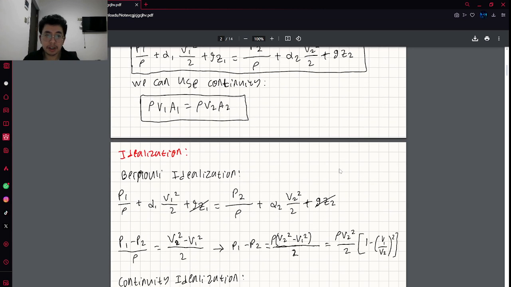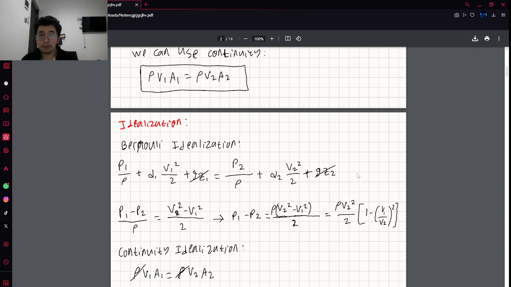And here are the idealizations. So basically, for the Bernoulli idealization, I transform it. I neglect this part right here, not the gravity, but the z. The z are all the same, so we just get that out of the way, and also this one right here.